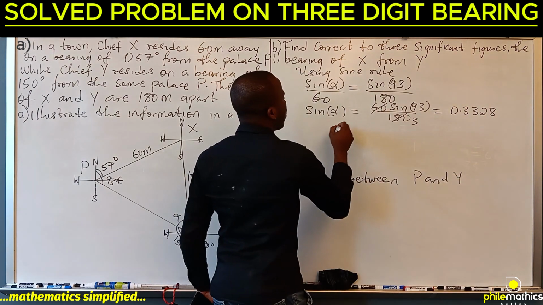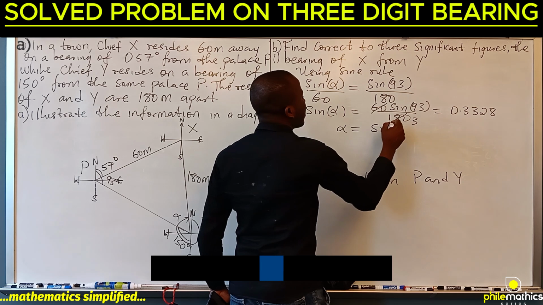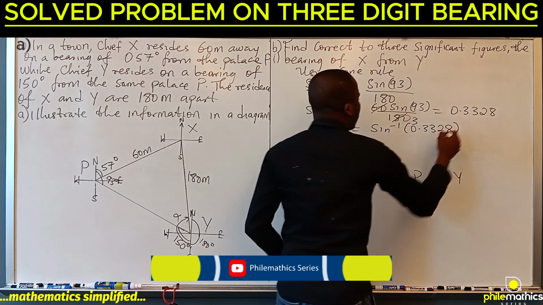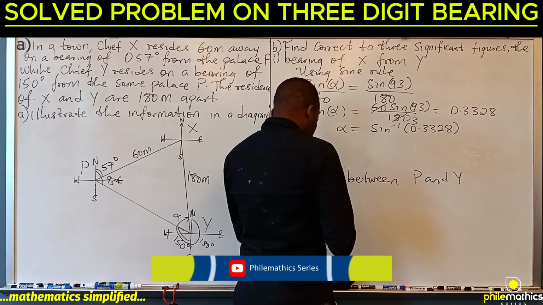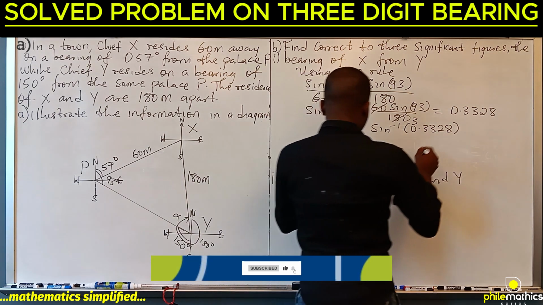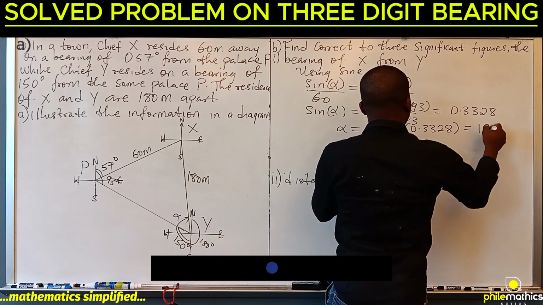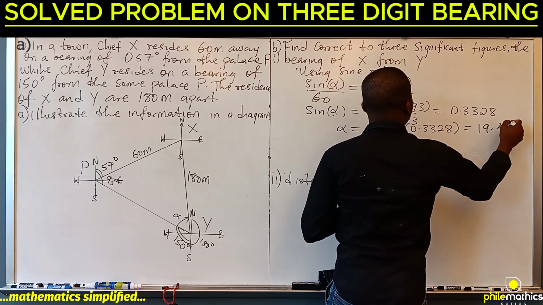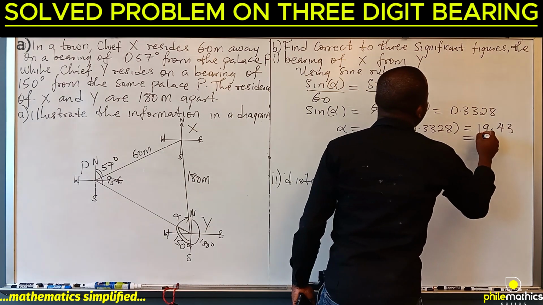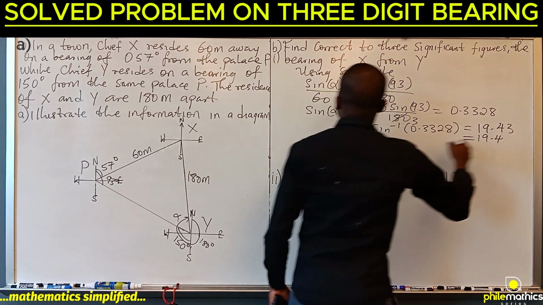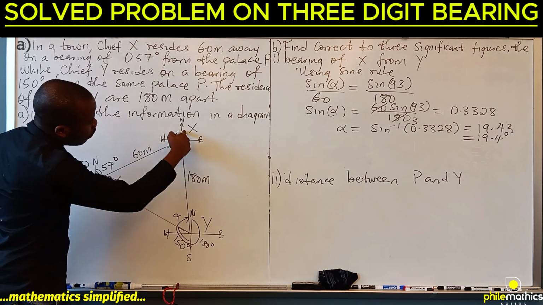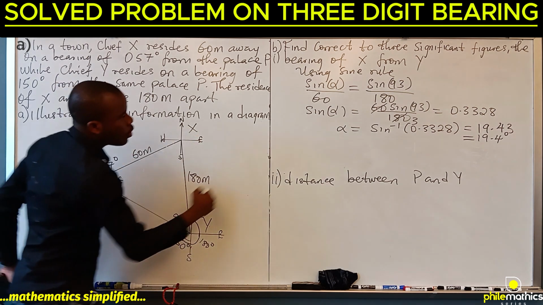So that alpha will be sine inverse of 0.3328, which will be 19.43. So to three significant figures it is 19.4. So since here is 19.4, the bearing of X from Y is the sum.